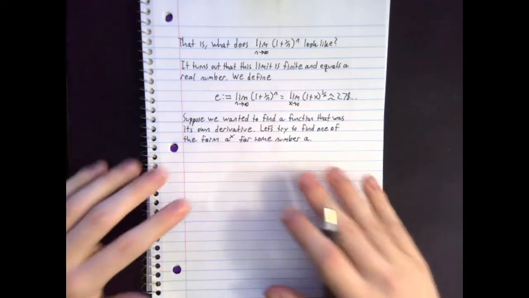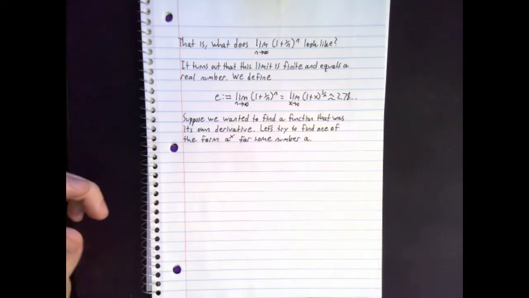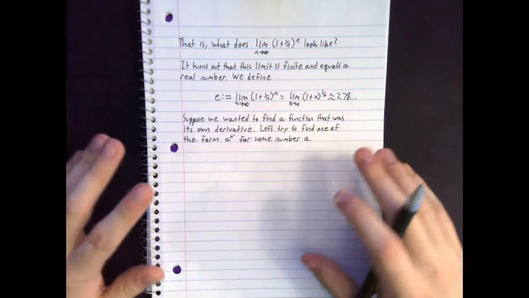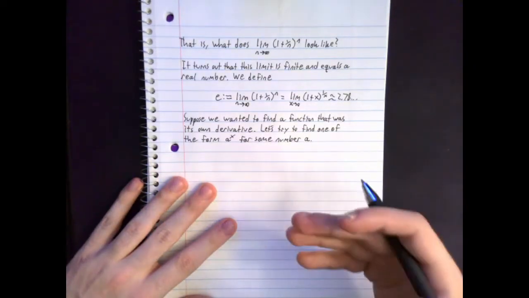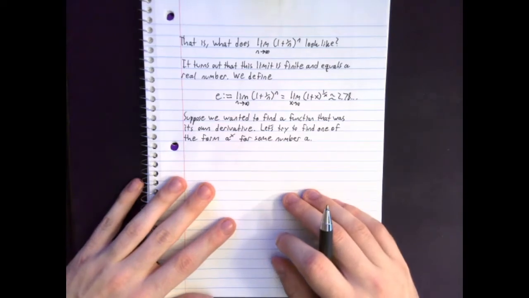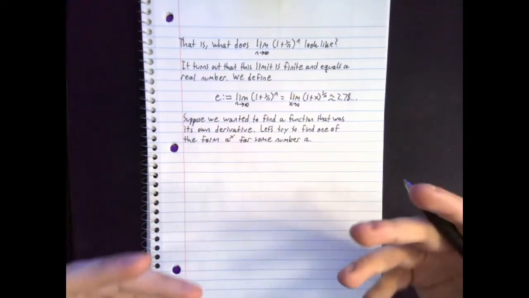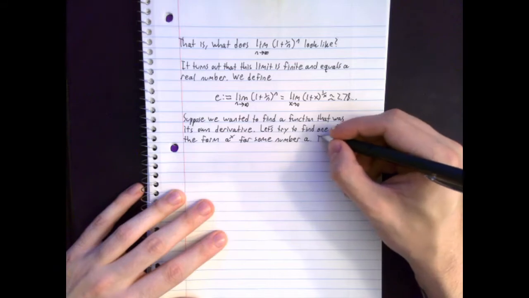Let's just suppose that our function has this form. It makes certain computations nice, so it seems reasonable enough that this would be a good guess. So what would we want if a function was its own derivative?